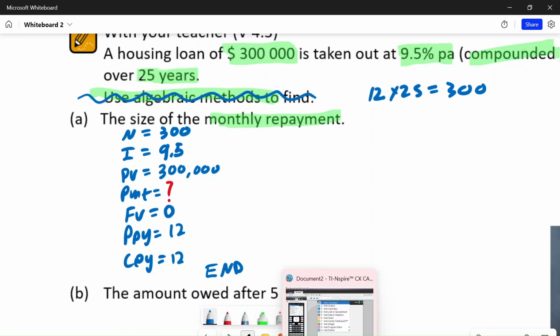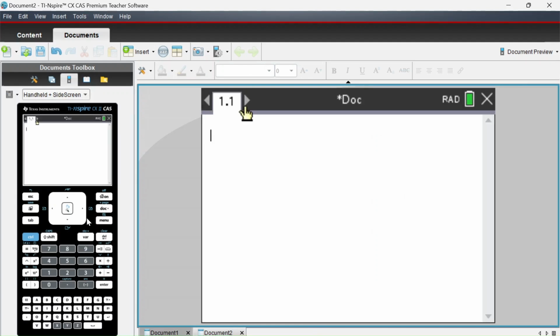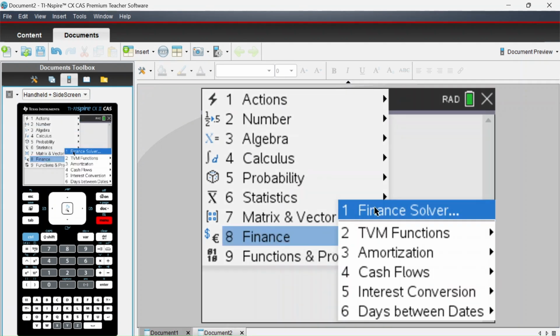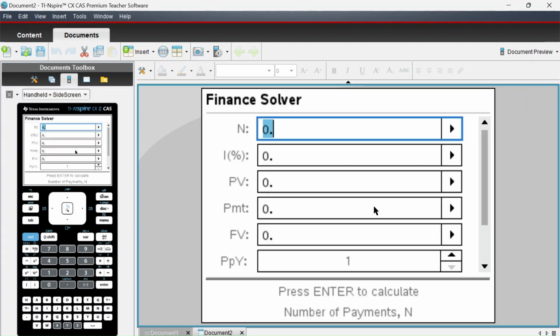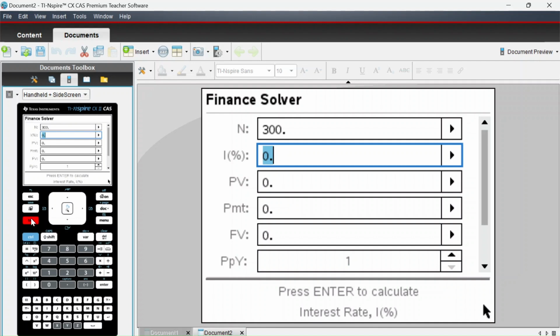Okay, so let's get the calculator. And I'll go to menu and get the finance solver. Okay, so 12 by 25, and I'll tab that, and it works it out for me that that's 300, just in case you can't do those ones in your head. Okay, 9.5% here.